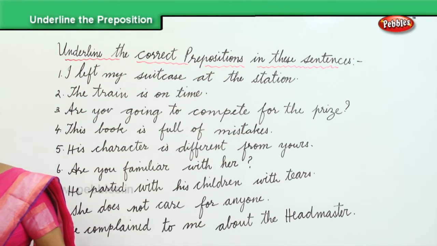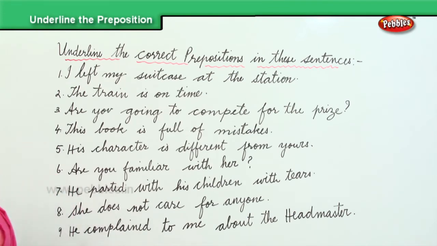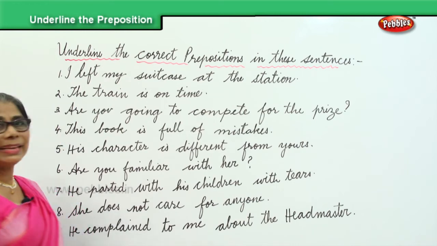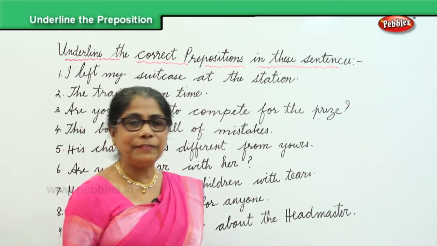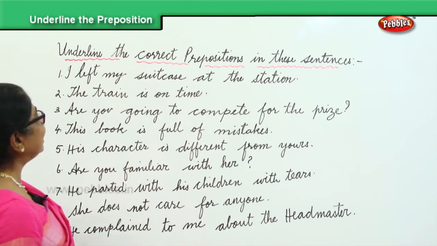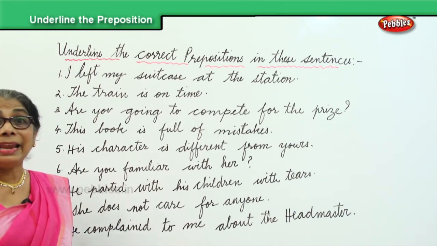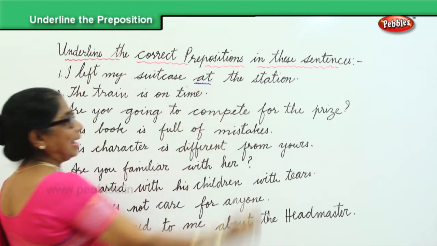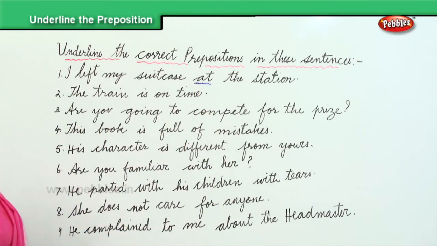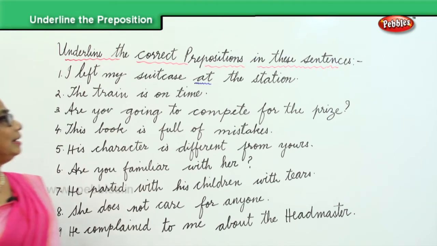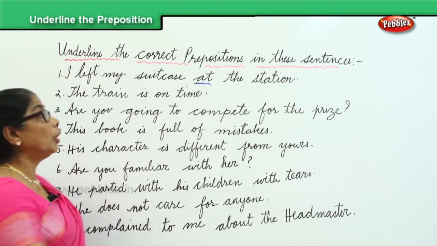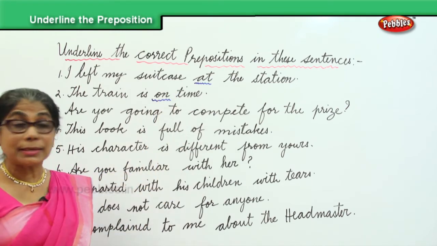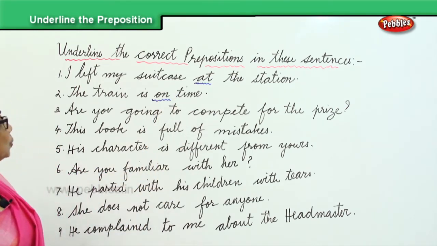Now, I've got here 9 sentences and we are supposed to underline the correct preposition in these sentences. The first sentence is, I left my suitcase at the station. At, that's the first preposition. The train is on time. On. Very good. Next one.